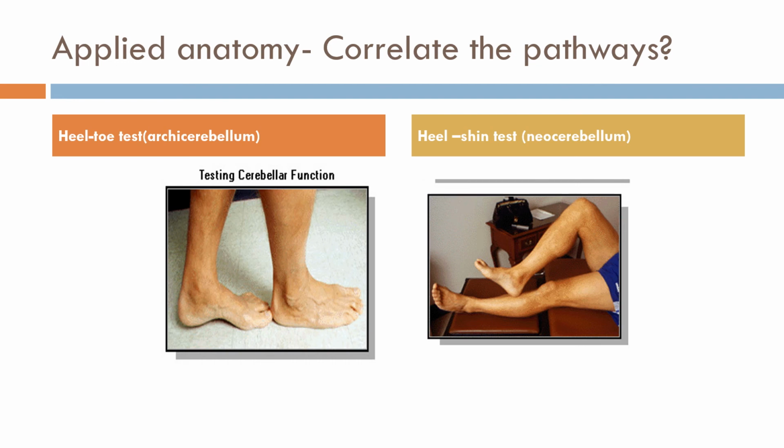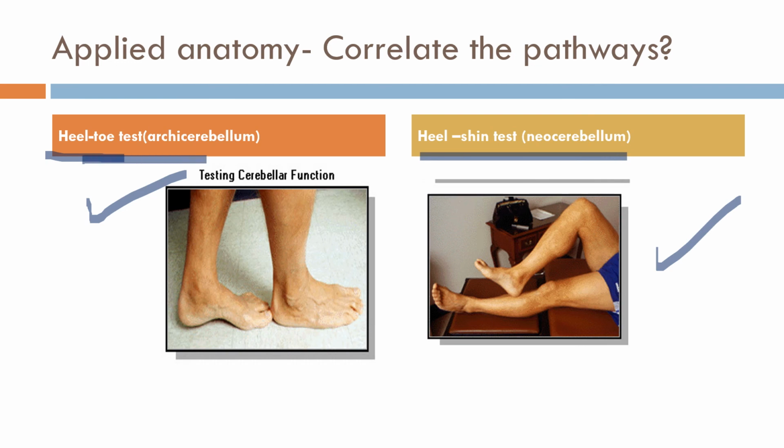Post-test: how are the archicerebellum and neocerebellum able to control this pathway? When it is affected, we have disturbance in the heel-toe and heel-shin test. Can you correlate the pathways, how it is reaching these muscles?